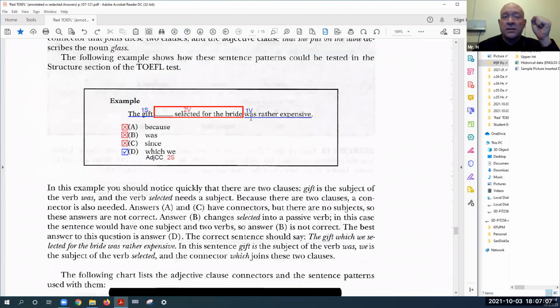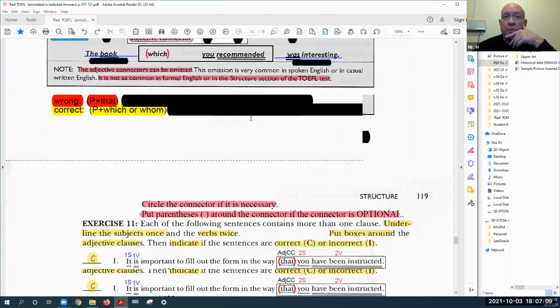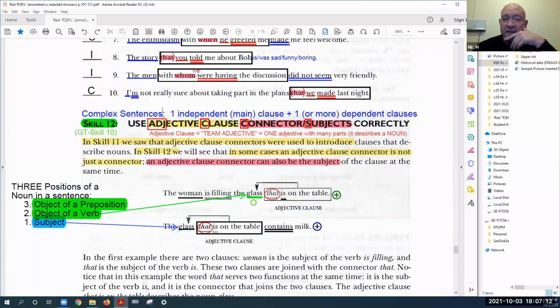Now 12: adjective clause connectors subject. Raise your hand if you can see the difference.